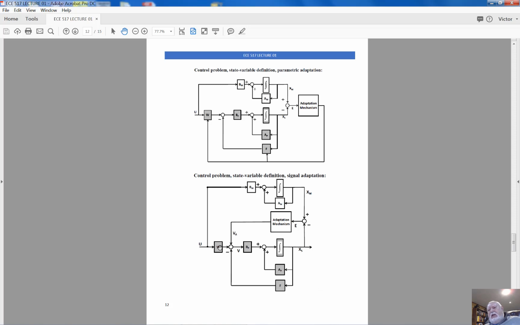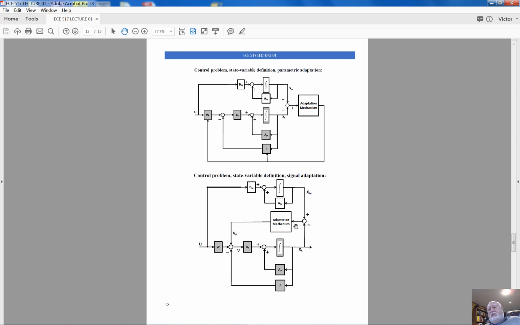When this controller and this filter were designed, we did not have the complete information on the control plane. So there would be discrepancy between the response of the design system and the response of the reference model that is fully consistent with the design specifications.